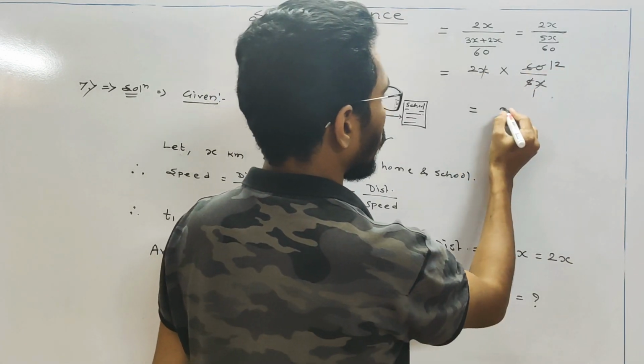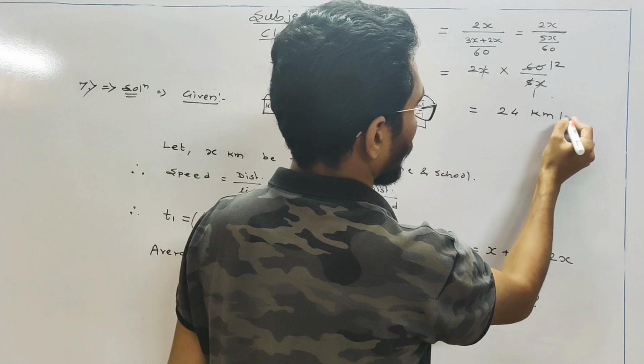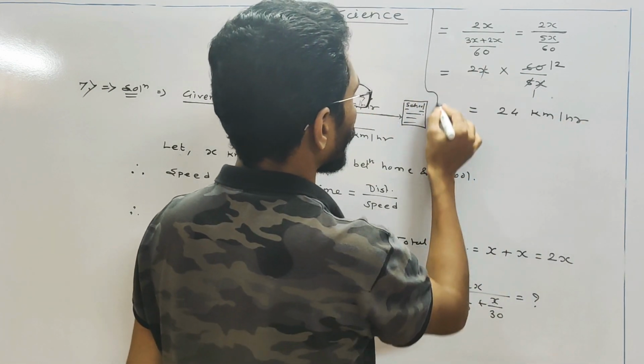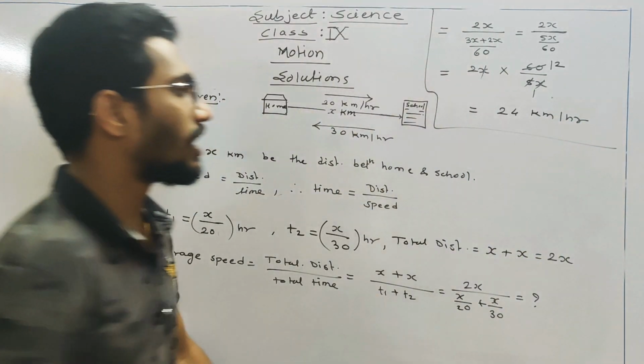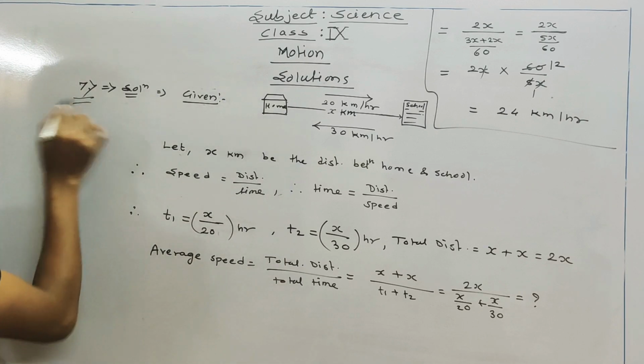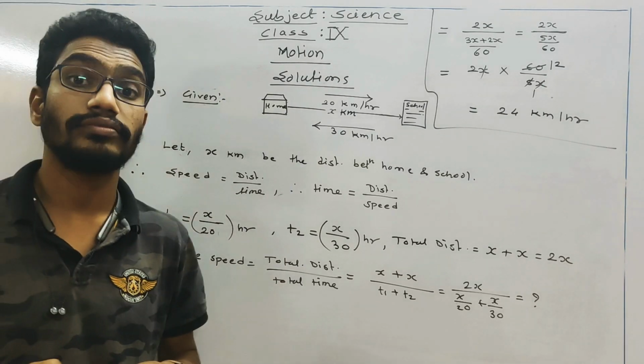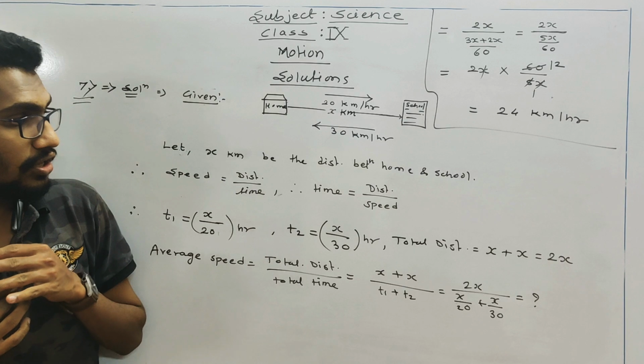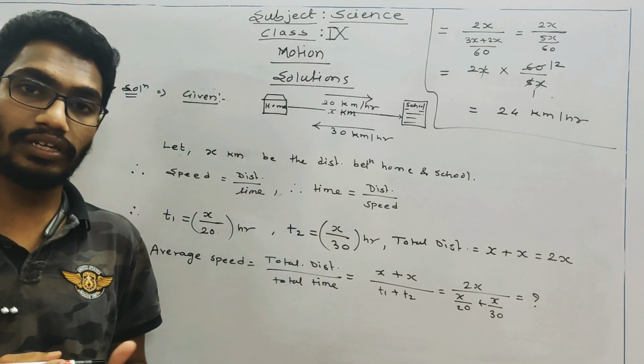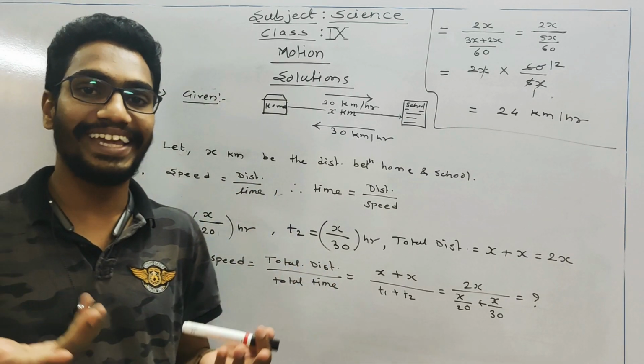So, 2 into 12 is your final answer for question number 7. Yes. If you think about it, it is easy; if you don't think, it won't come.